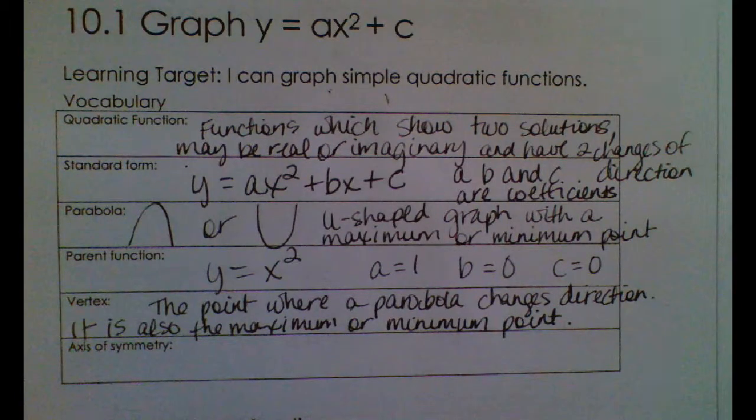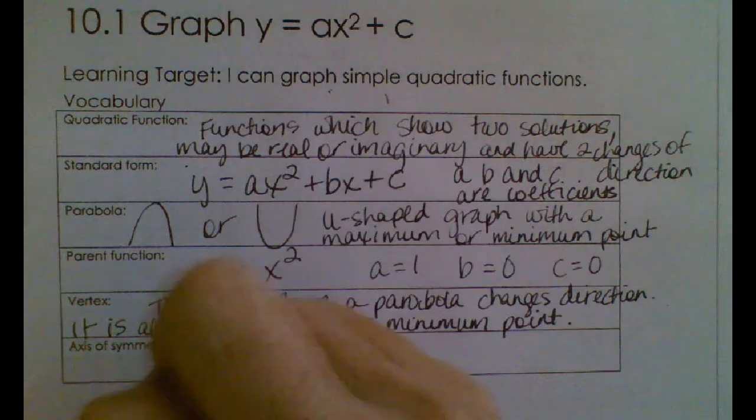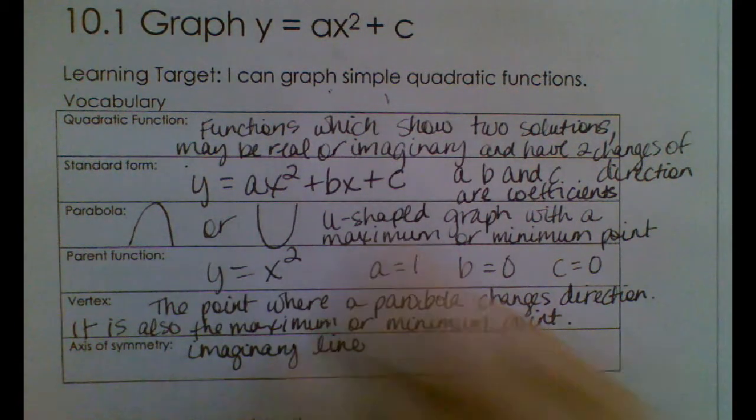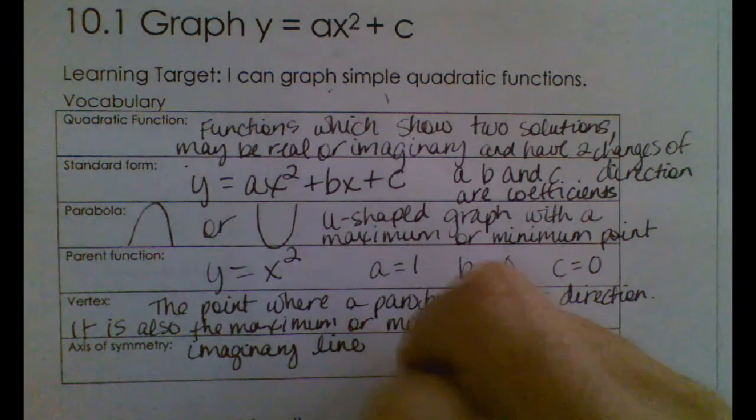Okay. Does anybody happen to know what the axis of symmetry might be? What does symmetry mean? What is something symmetrical? What does that mean? It mirrors each other, right? So an axis of symmetry is kind of an imaginary line. And when we draw it on our graph, we draw it with a dashed line.